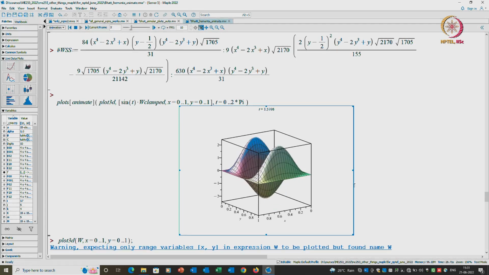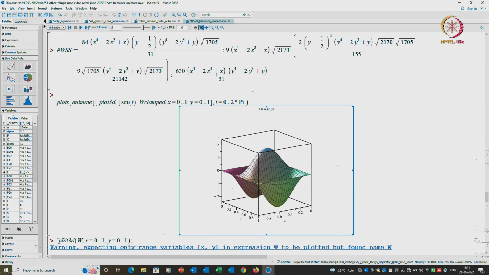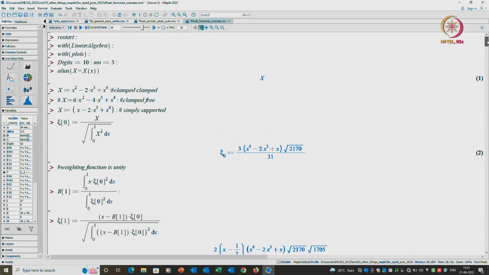It is like the 3-1 mode, again same set of boundary conditions. Okay. Next what I will do, go up and I will run the clamped and free case.